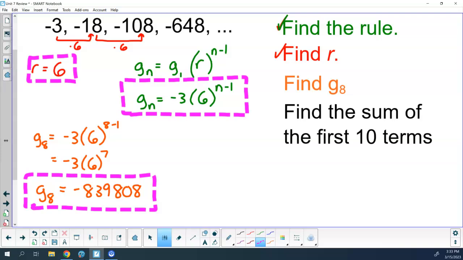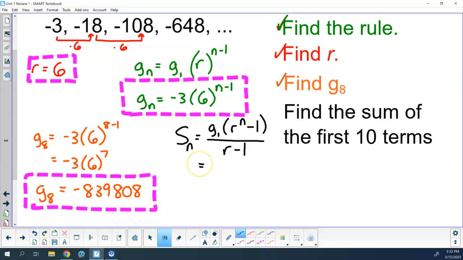And then lastly, I am asking you to find the sum of the first 10 terms. Remembering that the sum of the first n terms is going to be the first term times r to the n power minus 1, all over r minus 1.